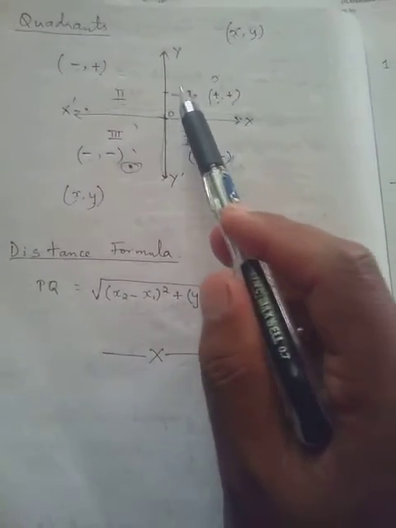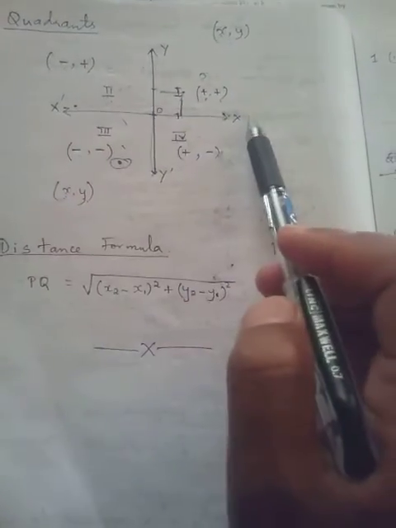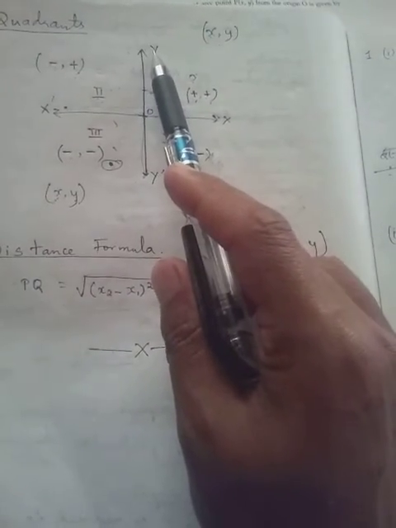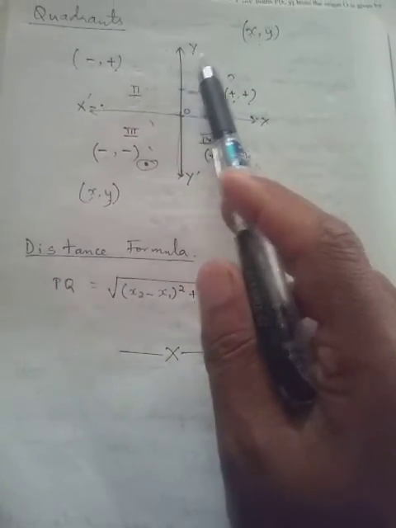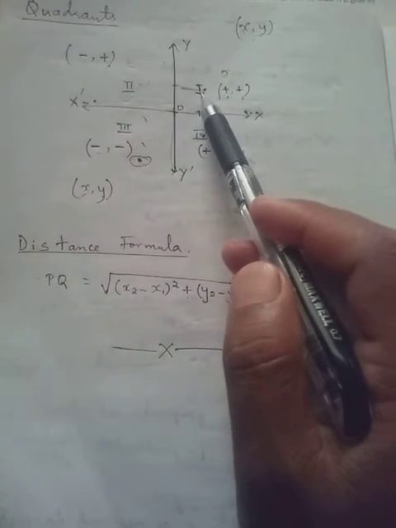The first quadrant is made of this portion here, X, O, Y. We write the first quadrant with Roman numeral 1.